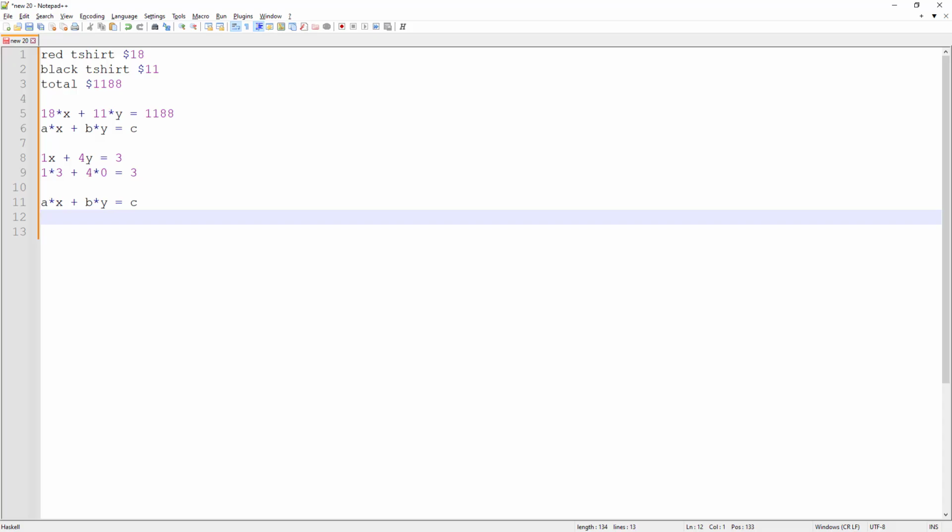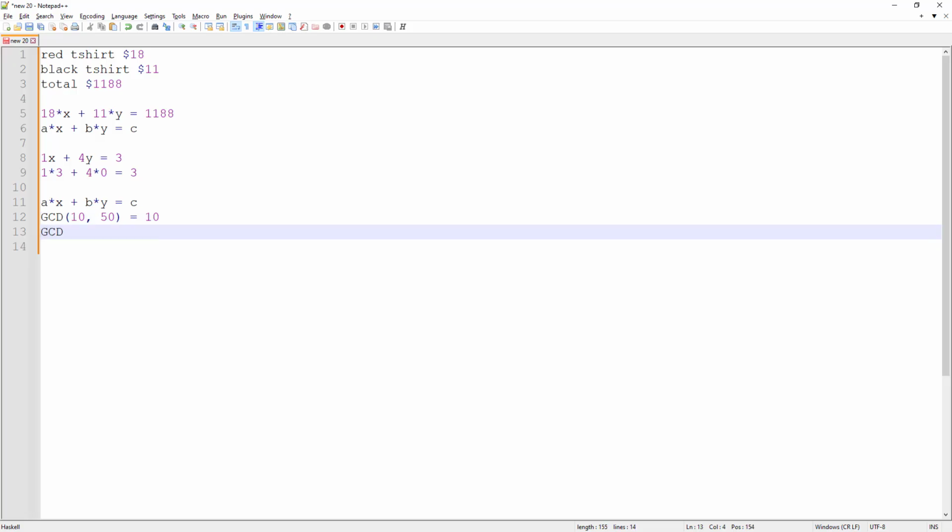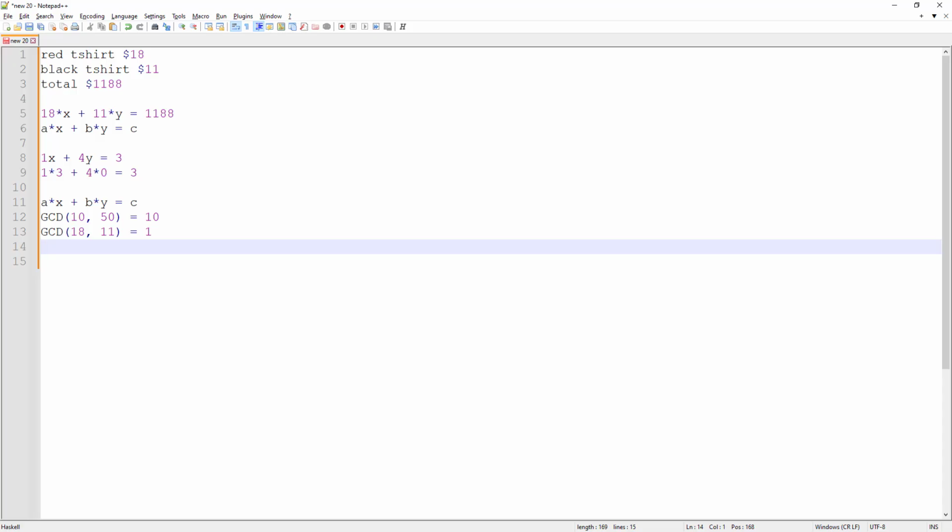And fortunately we can use the Euclidean algorithm that finds the greatest common divisor of two numbers. So for example, the greatest common divisor of 10 and 50 is 10, just to give you a hint, and the greatest common divisor of 18 and 11 is, in this case, 1.